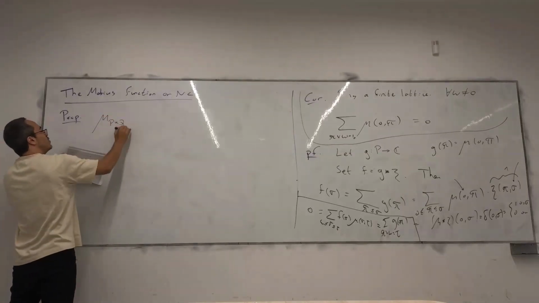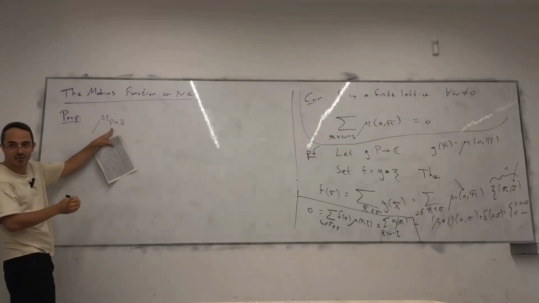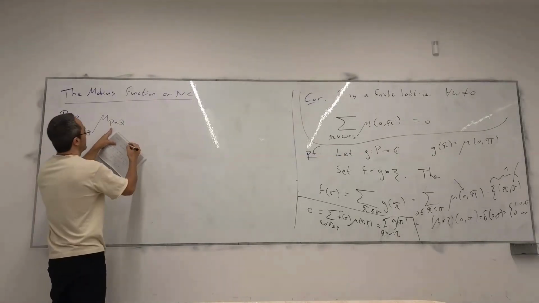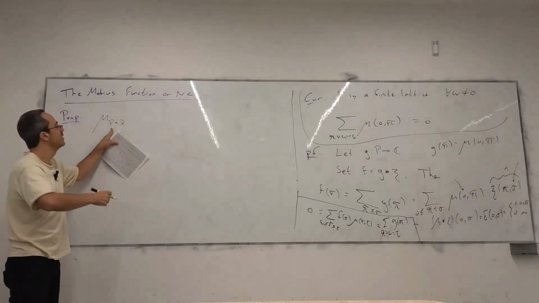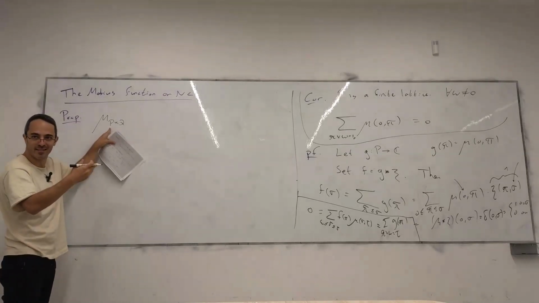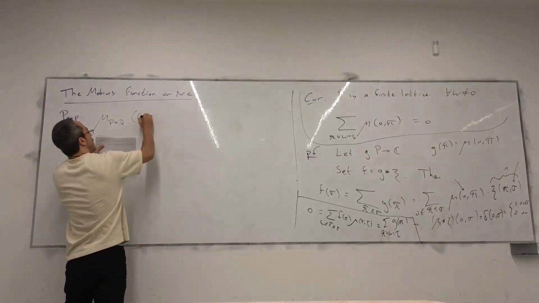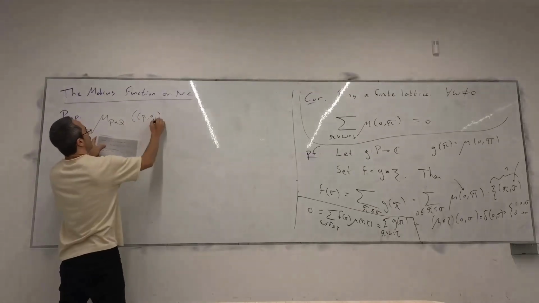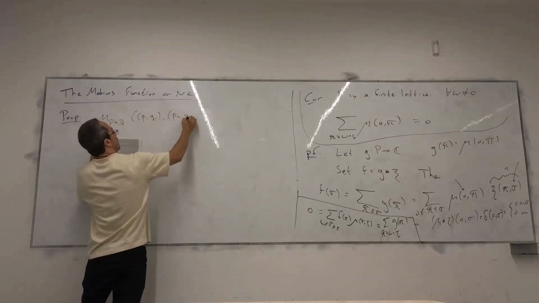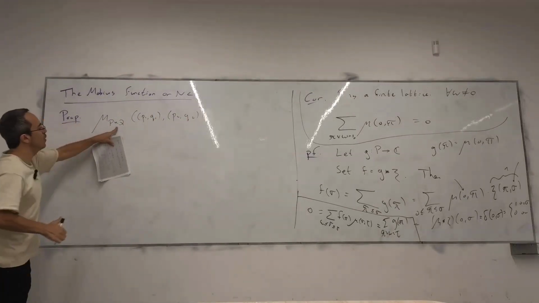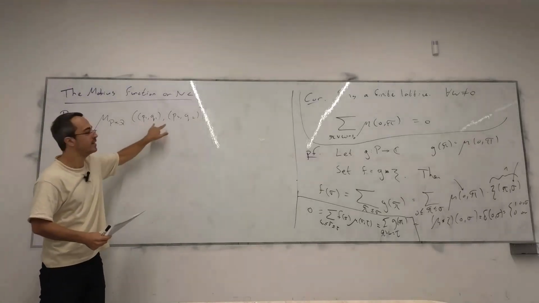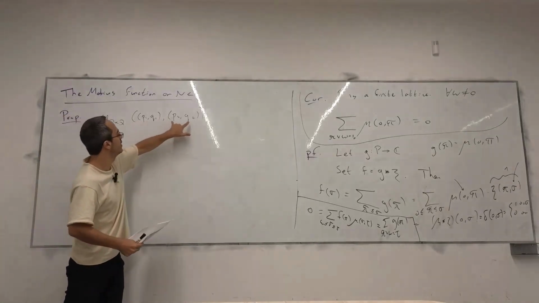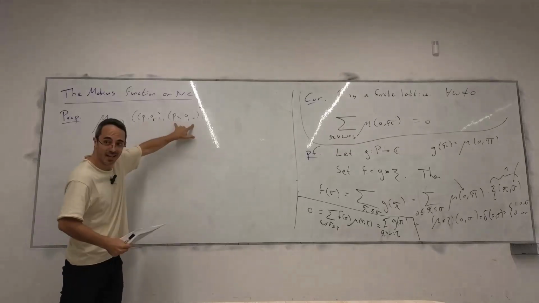If you have a Mobius of a product of posets, then I claim it's the product of the Mobiuses. It's kind of obvious. It's like a tensor really. But let me be precise. If P and Q are posets, then P times Q has pairs like that. So you can ask what's the mu of this, that, where this is smaller or equal than that.